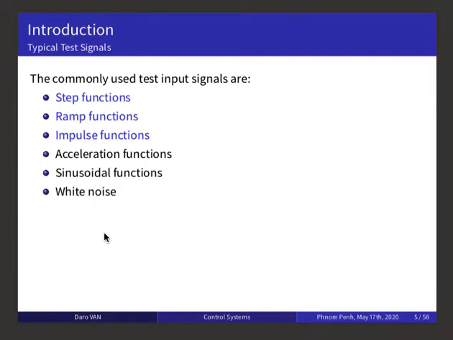If the input to the control system is a gradually changing function of time, then the ramp function is a good candidate for testing. Similarly, if the system is subject to sudden disturbance, a step function of time may be a good test signal.